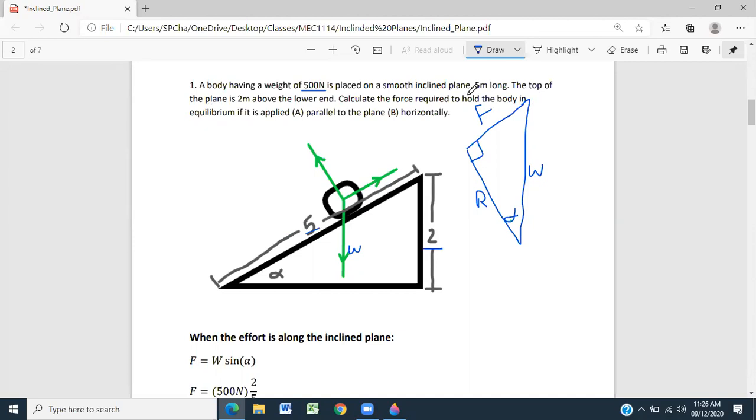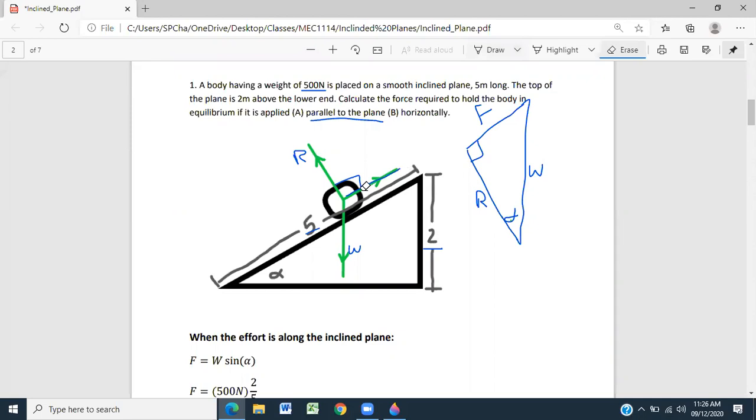Calculate the force required to hold the body in equilibrium if it is applied parallel to the plane. And of course, this is a smooth inclined plane. So the reaction should be perpendicular. We're pulling parallel to the plane, and the reaction should be perpendicular, right?